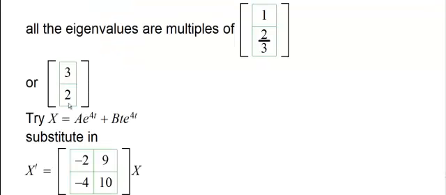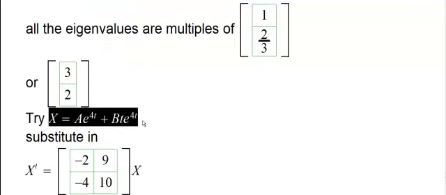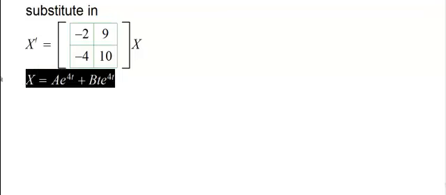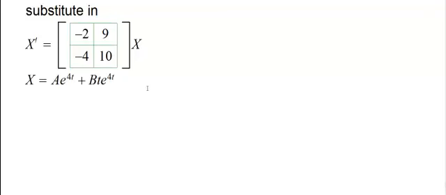Makes sense? So see this here, if x is this, then who is x prime? That's going to be 4a times e to the 4t, and now a and b are constant, so we don't have to worry about those.